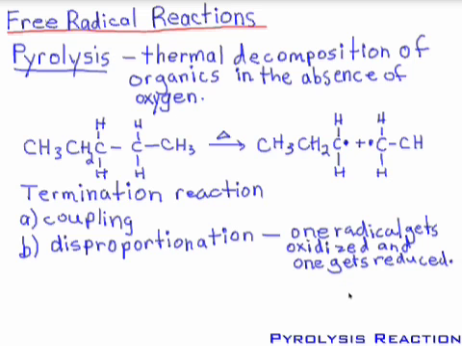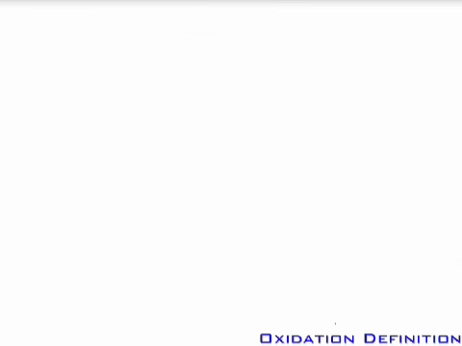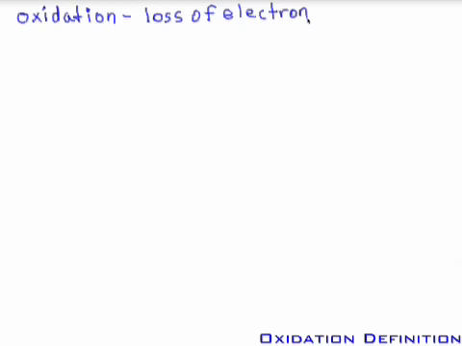Now, in order to understand this, we have to have a rudimentary understanding of oxidation and reduction. Oxidation can be defined in several different ways. A compound is said to be oxidized if it meets one of the following four conditions. It can lose electrons, so oxidation is accompanied by a loss of electrons. A molecule that loses electrons can be said to be oxidized.